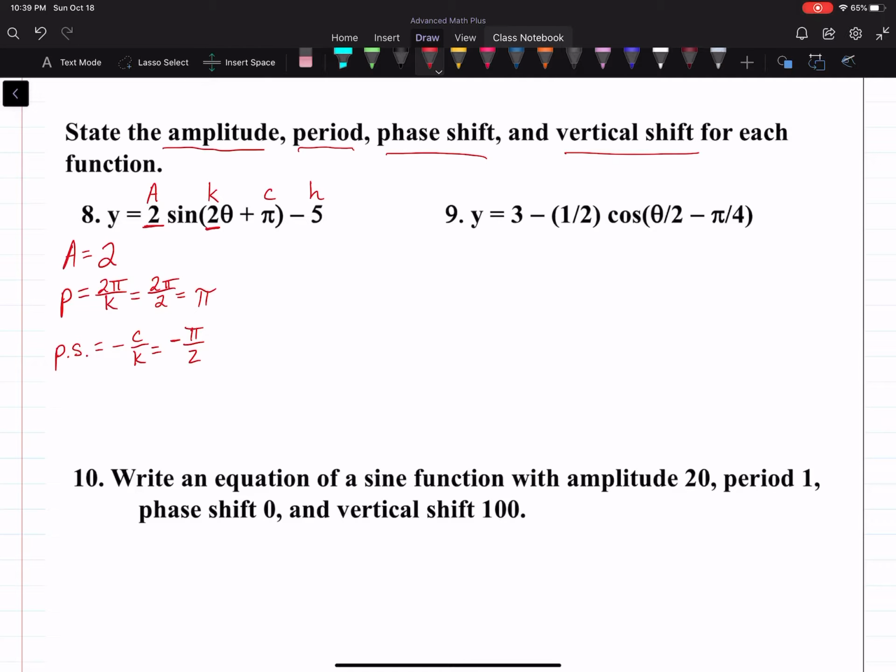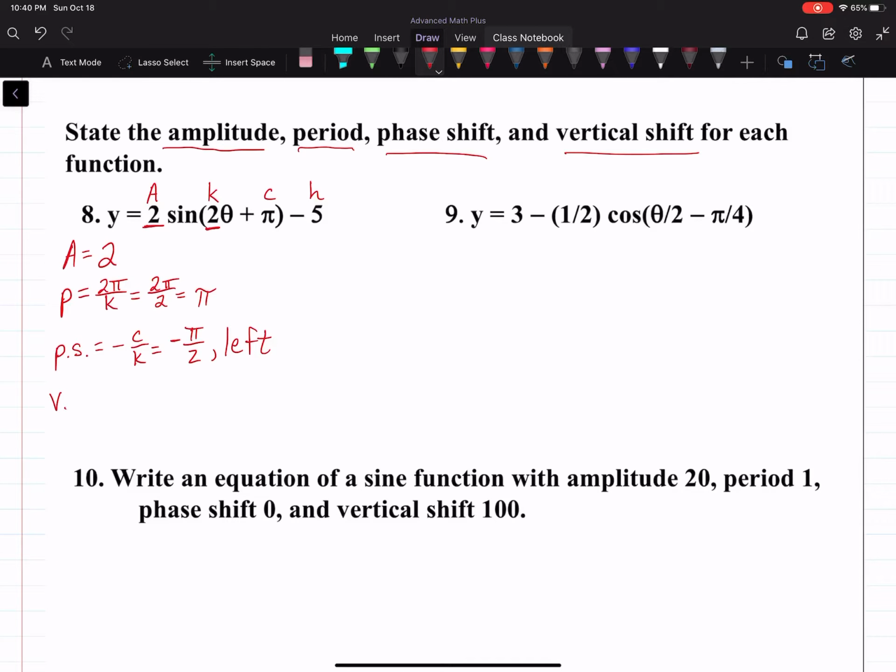There it is. And as you can see, your c is positive, so that is going to be to the left. So amplitude is 2, period is pi. Your phase shift would be negative pi over 2 to the left.